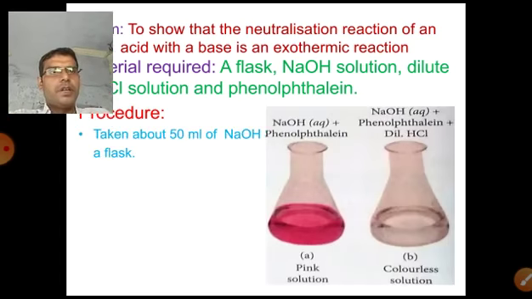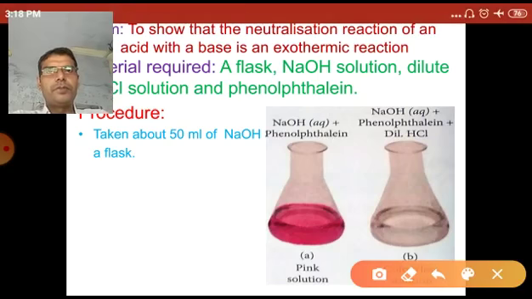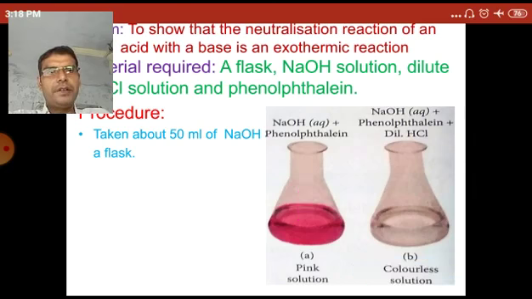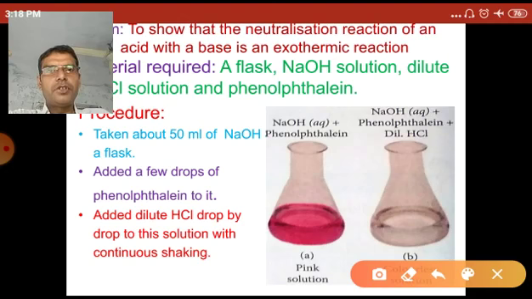First, take about 50 milliliters of sodium hydroxide in a flask, and add phenolphthalein. After adding the phenolphthalein, the color of the sodium hydroxide in the flask becomes pink.